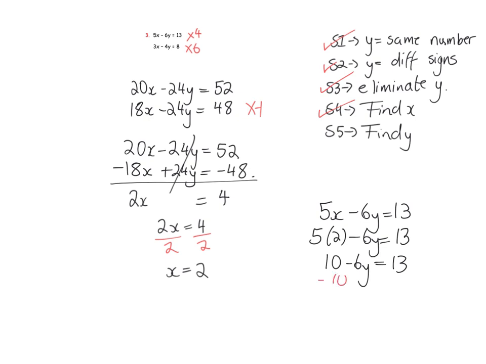So we need to minus 10 from both sides. That leaves us with minus 6y is equal to 13 take 10. So we'll have 3. And then we can get y by itself by dividing both sides by minus 6. That will end up being y is equal to minus a half.